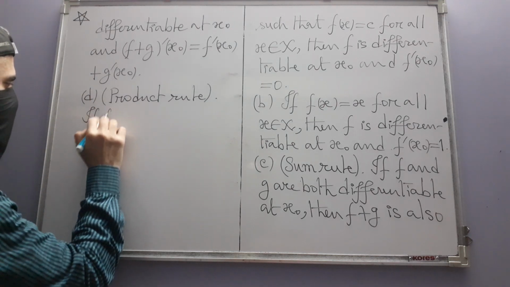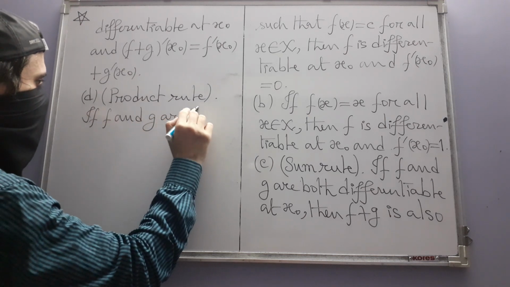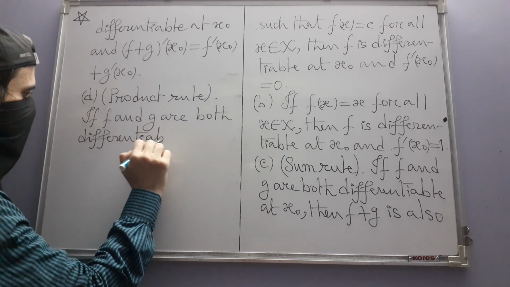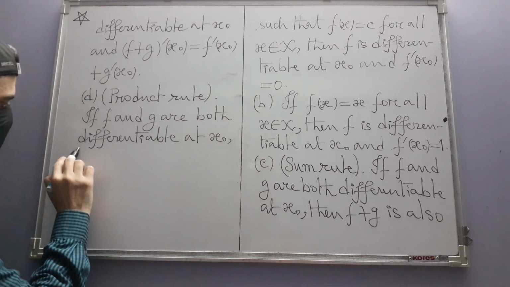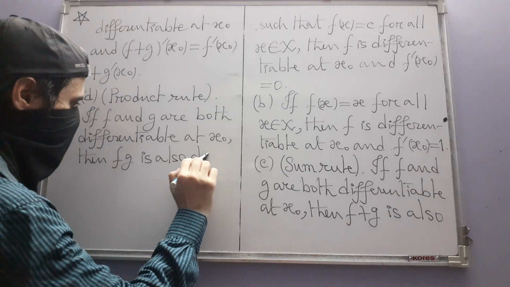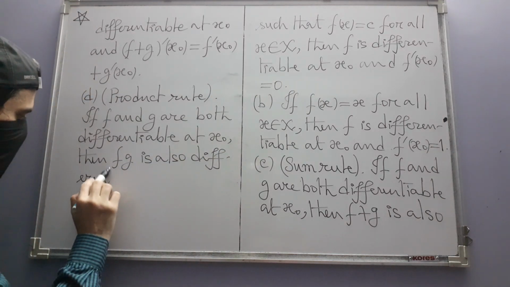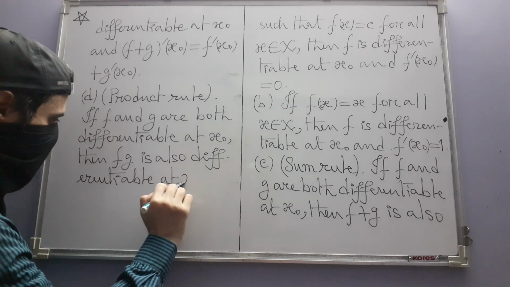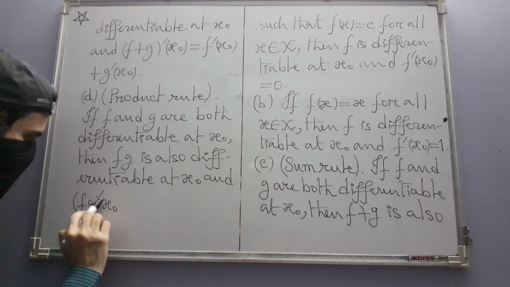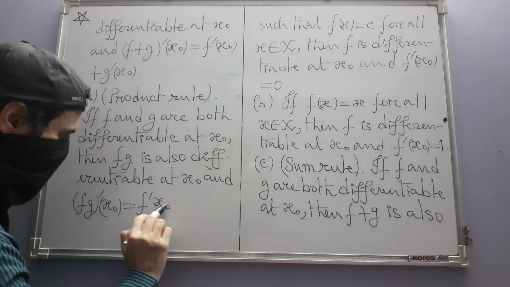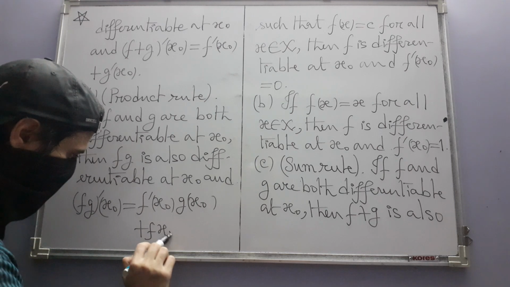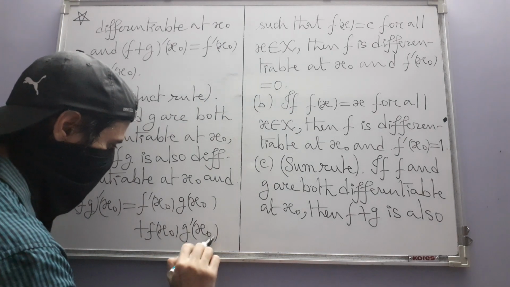If, again, f and g are both differentiable at x naught, then fg, their product, is also differentiable at x naught, and the derivative of fg at x naught is the derivative of f at x naught times the value of g at x naught plus the value of f at x naught times the derivative of g at x naught.